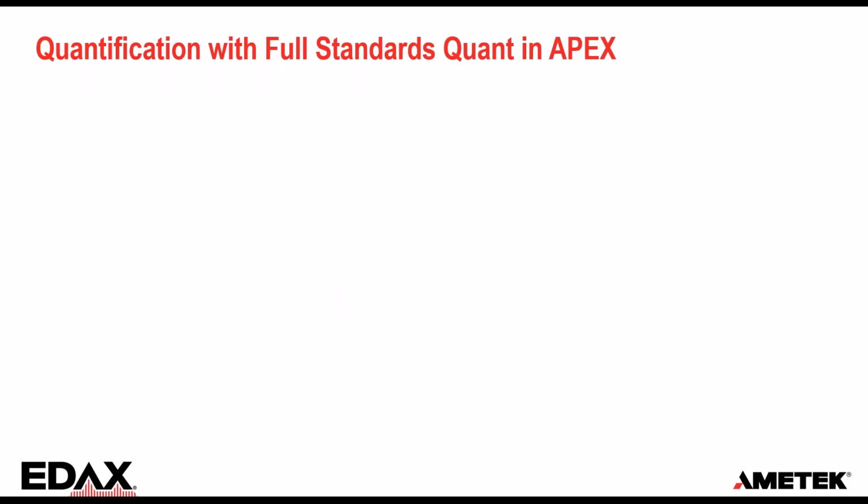So that's why we have implemented what we call full standards quant, or FSQ for short, in Apex, to offer quantification with standards in a rather quick and easy way. What do we do? We measure a reference, as I've described before, to determine the physical parameters of the setup.